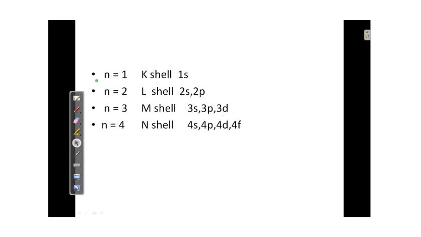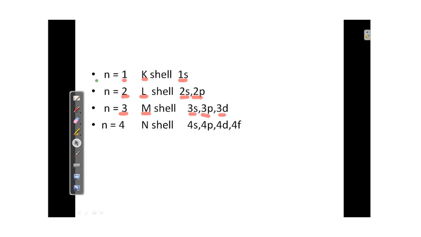When n is equal to 1, it is the K shell, and we have only one subshell, that is 1s. When n is equal to 2, it is the L shell and we have two subshells, 2s and 2p. When n is equal to 3, it represents the M shell, where we have three subshells: 3s, 3p and 3d.